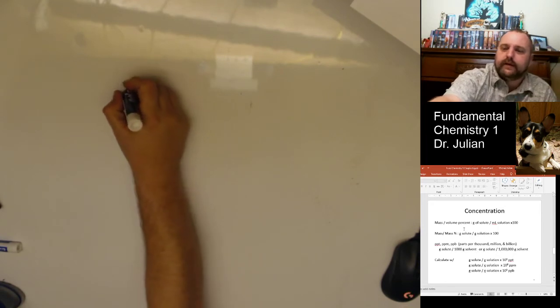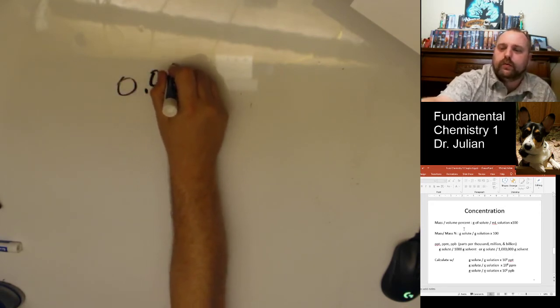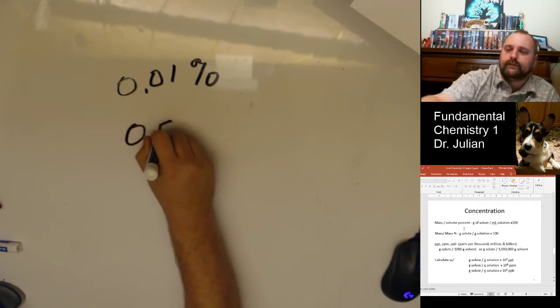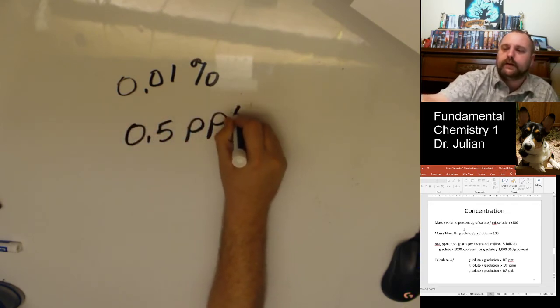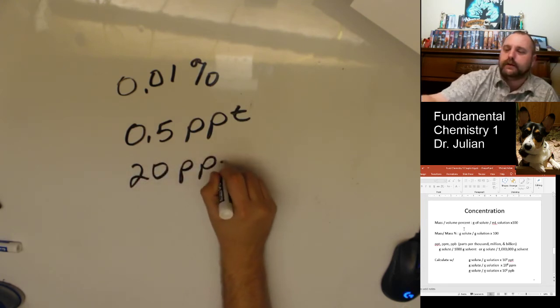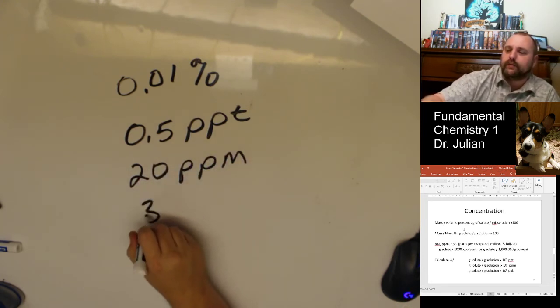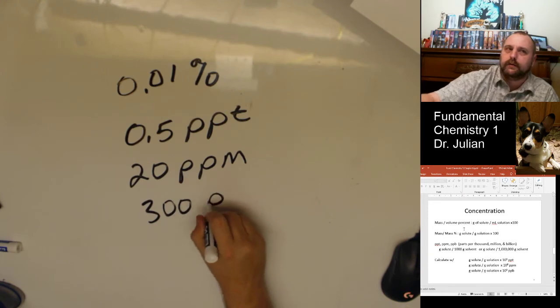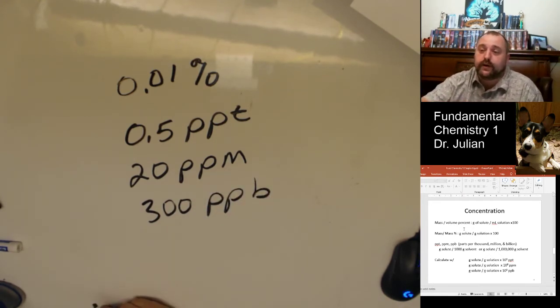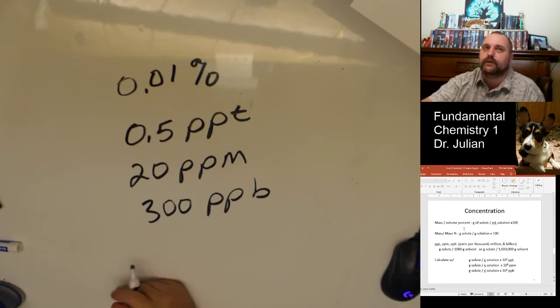So if I had said something was 0.01% or 0.5 ppt or 20 ppm or 300 ppb, and I asked you which one was more concentrated, you might struggle with it because they're different units. You've got to get them in the same unit.